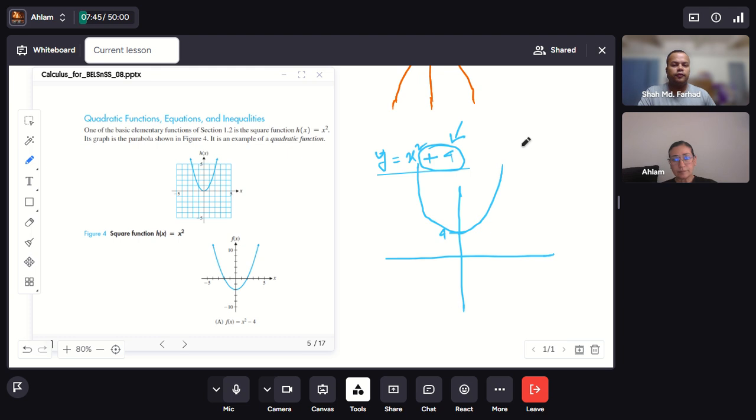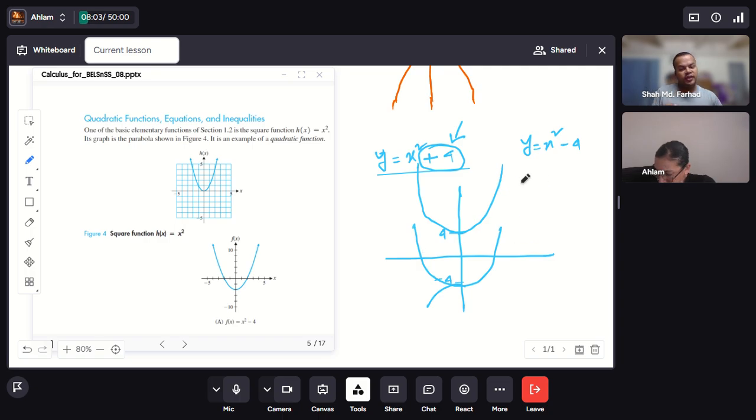If we have y equals x squared minus 4, that means this one is negative 4, so the function will start down, right? Just like this.